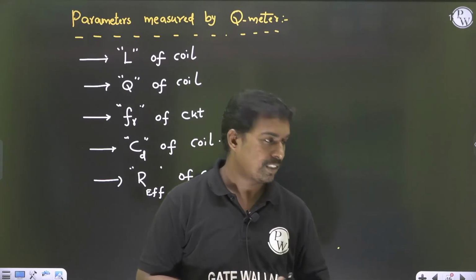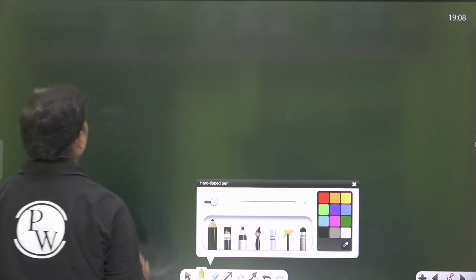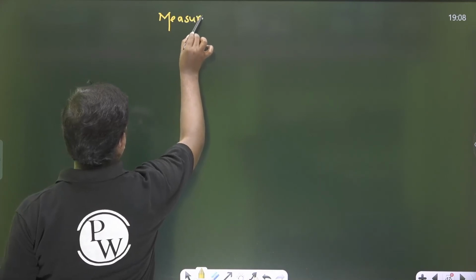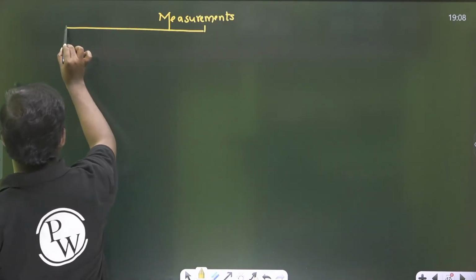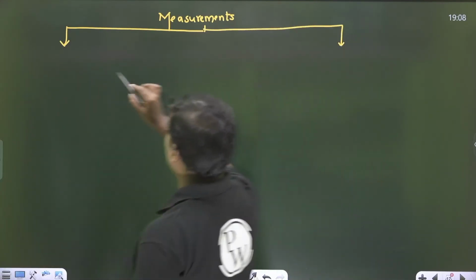Okay. So in a single stretch, if I want to tell you the topics explained: measurements, especially. Total measurements can be in two ways: electrical measurement and electronic measurement.